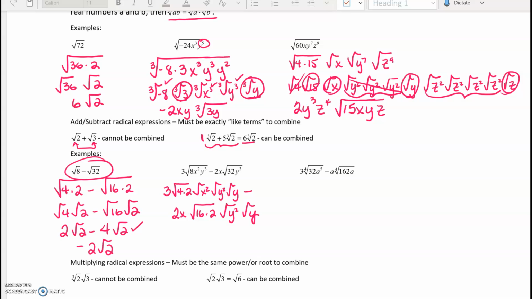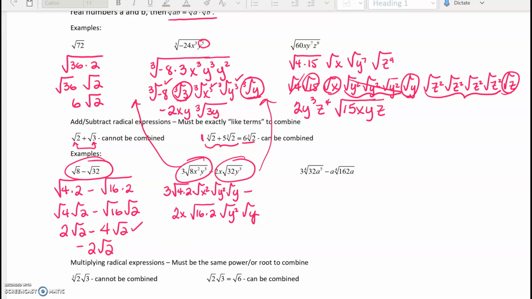That's just me taking each one of these and splitting them up like we did above to see if I end up with like terms. And I bet I do. So I have 3 times the square root of 4 times the square root of 2.